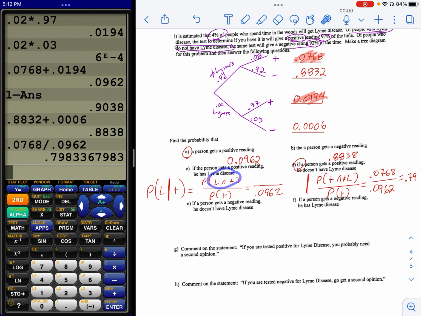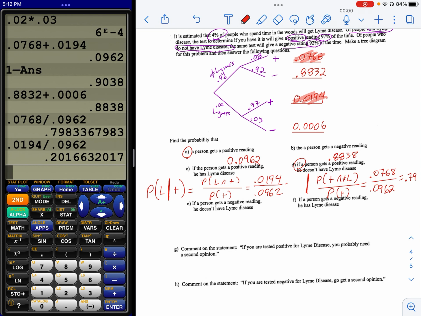This is the probability you have Lyme's and a positive test, which is 0.0194. Okay. So about 20%. All right.